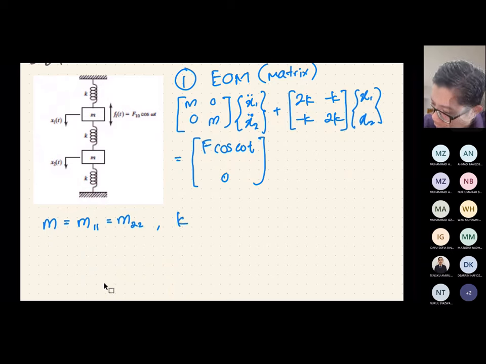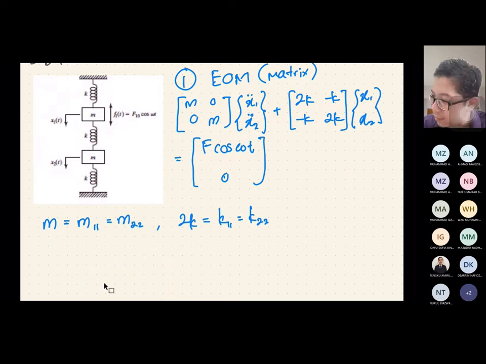Then we have K equals to, for the 2K. Okay, so 2K is the part over here. 2K we can define as K1 and K2, so we have one position on 1, one position on 2, which basically defines the coordinates x1 and x2.